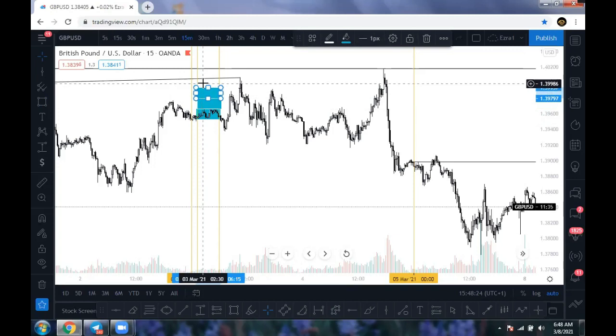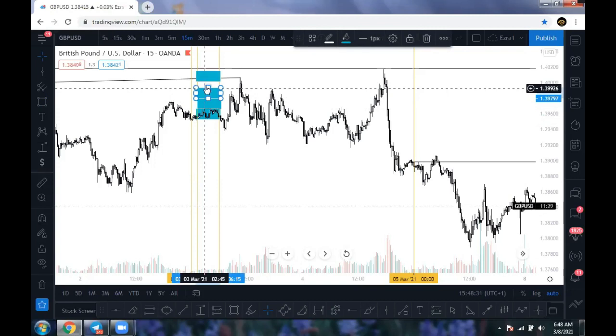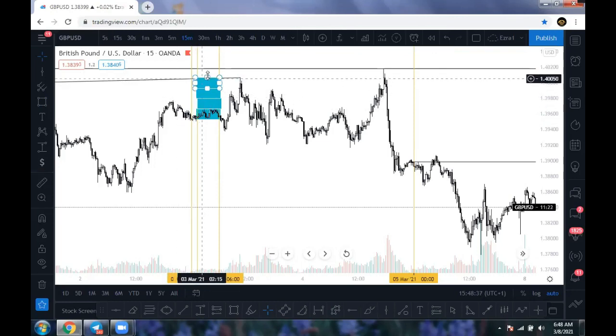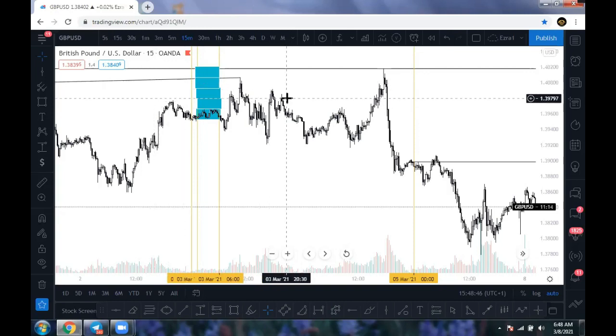Market gave us two standard deviations, then the third standard deviation, 1, 2, 3. The fourth standard deviation before this sell move.